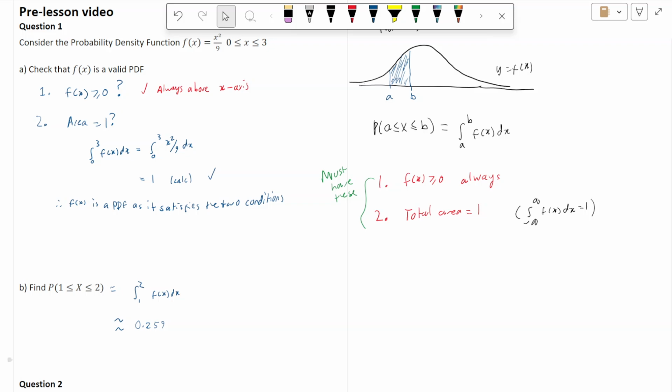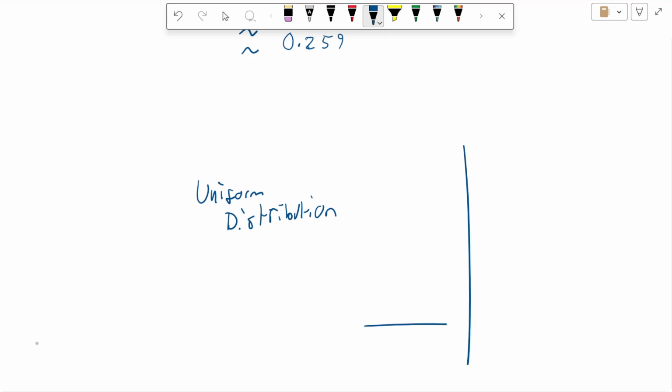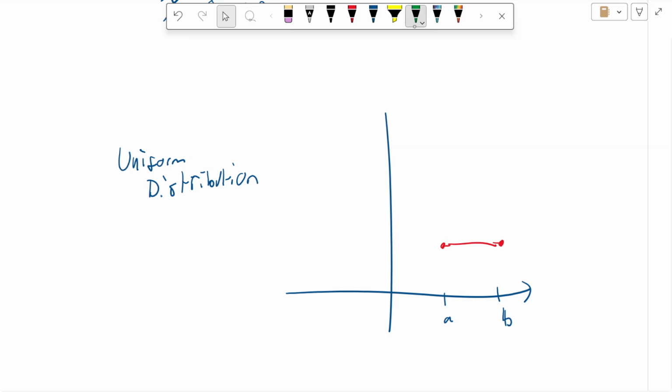Before I go on to question 2, I want to give you another example of a PDF. There's one called the uniform distribution. And basically what that looks like is you have two bounds there, and then the function's just at one set height for all of that. I'd encourage you to think about what this y value would need to be to make sure this is a valid PDF.